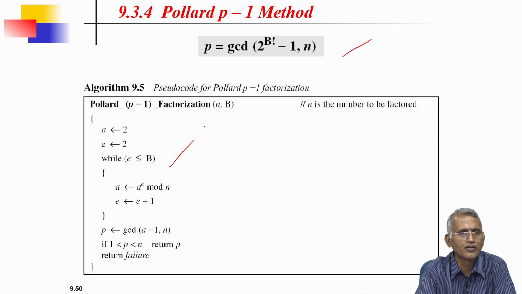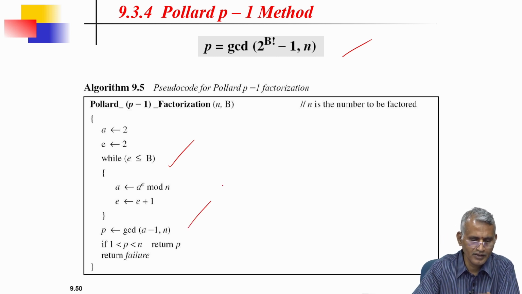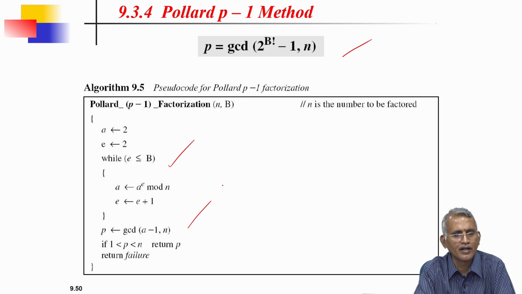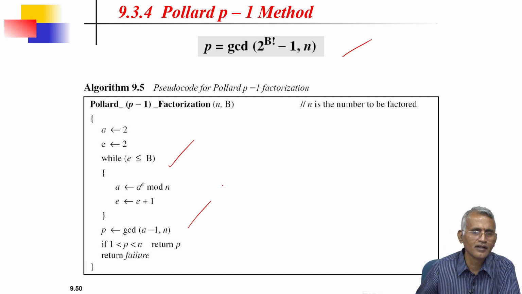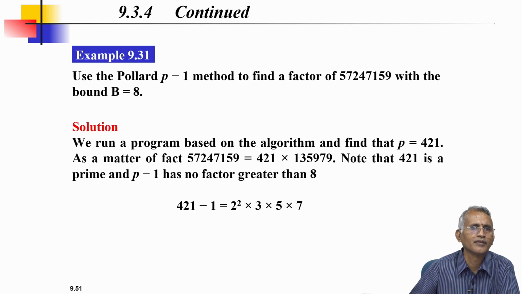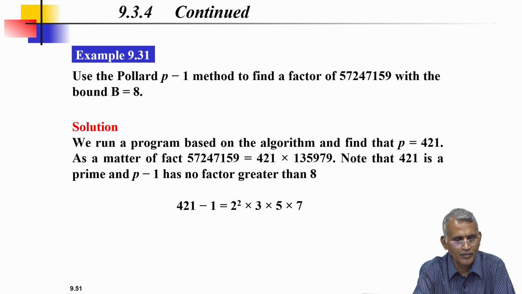Therefore, p is equal to the greatest common divisor of a minus 1, comma n, and if p lies between 1 and n, return p, otherwise it fails. Then go ahead and check once again the Pollard form of p minus 1 factorization. Now, we have a problem; using this algorithm, check these values and you can generate the corresponding factors.